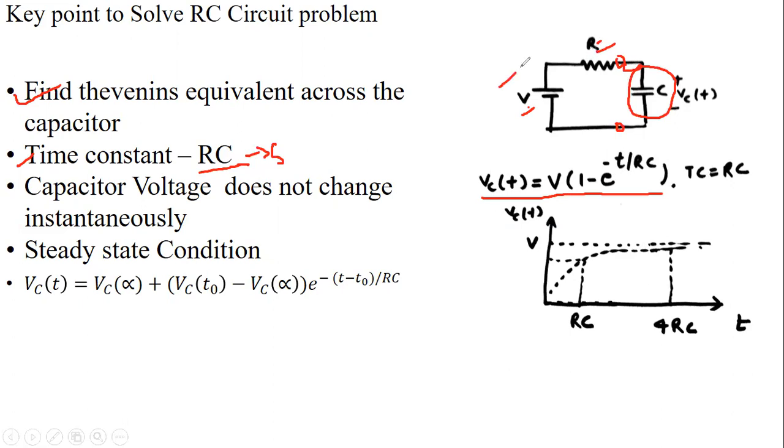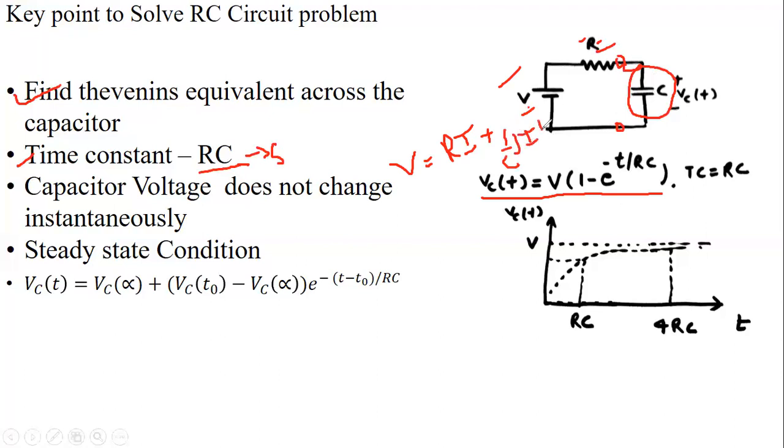This voltage V is across the resistor VR and the capacitor C. So V equals the voltage across the resistor, R into i, if i is the current, plus the voltage across the capacitor, 1 upon C integration of i(t) dt.